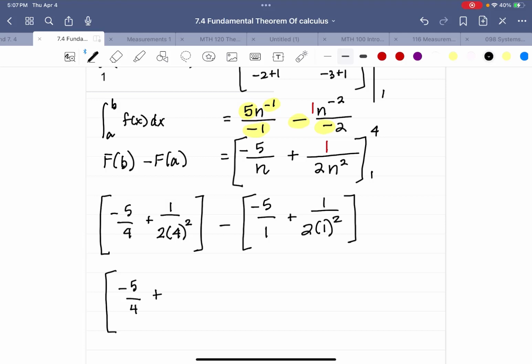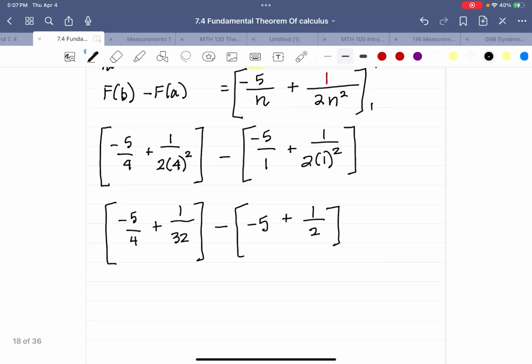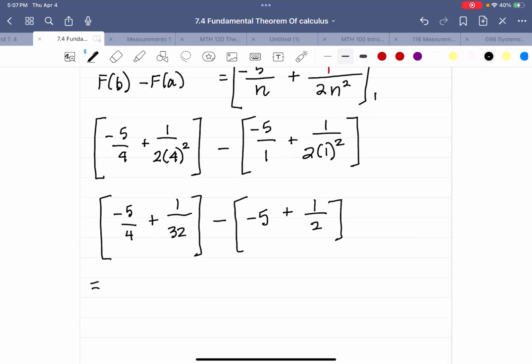That's going to be negative 5 over 4 plus 1 over, 4 squared is 16 times 2 is 32, minus negative 5 plus 1 over 2, right? Because negative 5 divided by 1 is negative 5, and 1 squared is 1 times 2 is 2. So the only place I need to be careful is with my signs right here, here, and here.